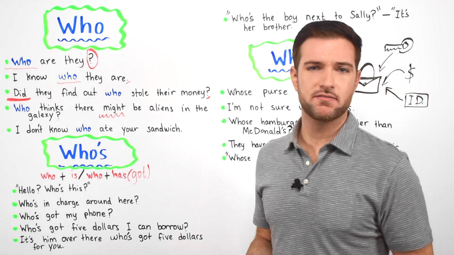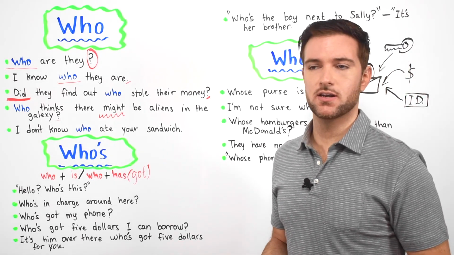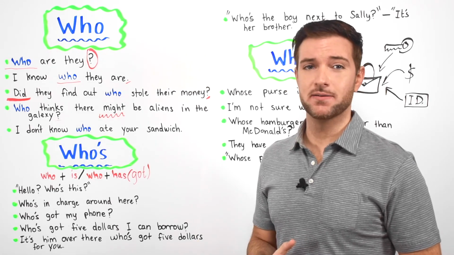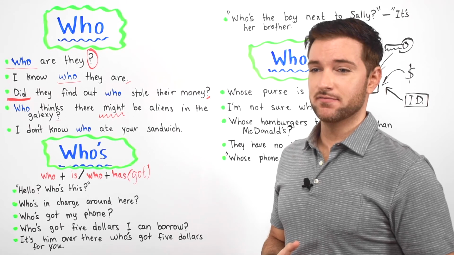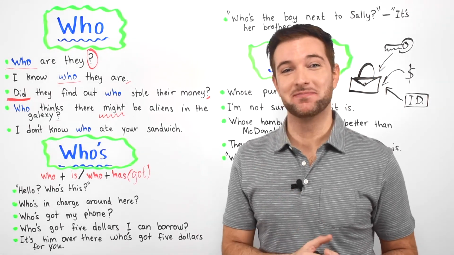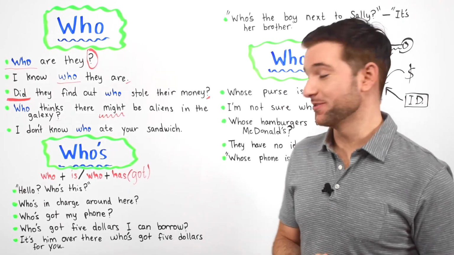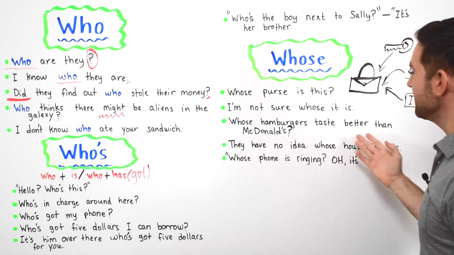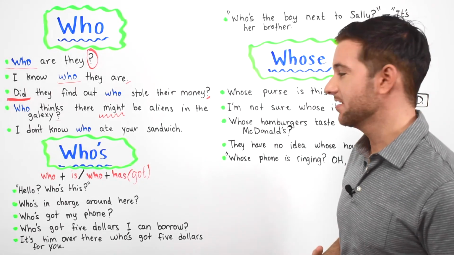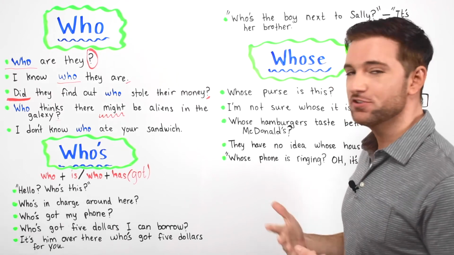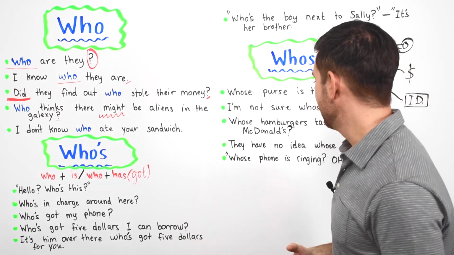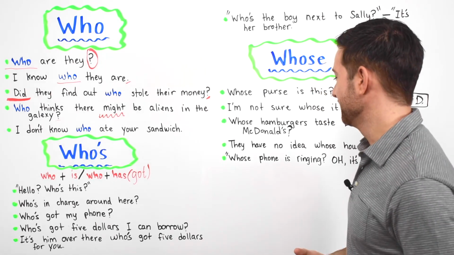I mean, I'm thinking of all the popular restaurants in the United States, but there's others, such as in Canada, they have, let's see, Tim Hortons. I'm not sure if they serve hamburgers at Tim Hortons yet, but I'm sure they have really good breakfast food, okay? So whose hamburgers taste better than McDonald's? Oh, you could say Burger King's hamburgers taste better than McDonald's. Okay, you just name whatever restaurant that you like, and you think that their hamburgers taste better, okay?